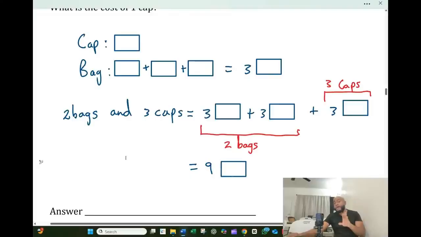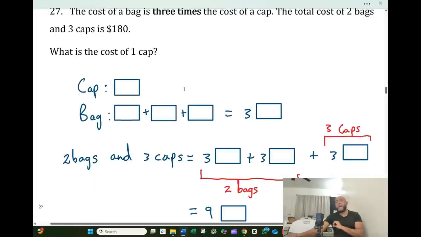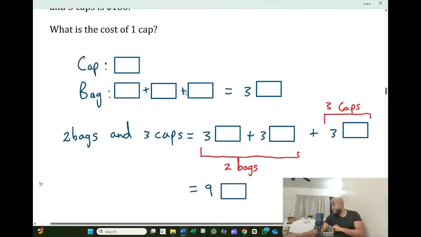So 2 bags and 3 caps will actually just be 9 boxes. But they said the total cost of those 2 bags and those 3 caps is $180.